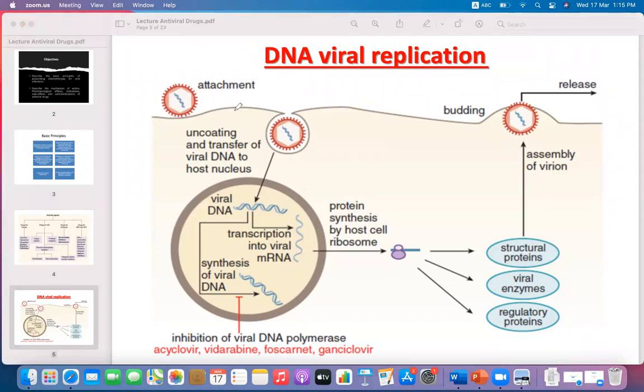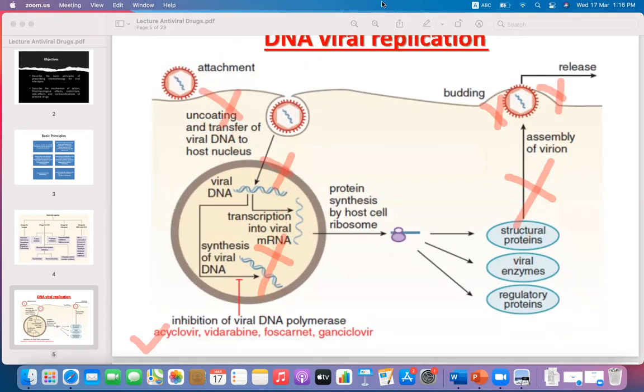So in antiviral drug therapy, the drug should interfere with the attachment and the uncoating. The drug should interfere with the messenger RNA transcription and inhibit the viral DNA polymerase, and the drugs are acyclovir, vidarabine, foscarnet, ganciclovir. Drugs should also interfere with the assembly of the virion, budding, and the last one, the release. So these are the basic principles of antiviral drug therapy for DNA virus.